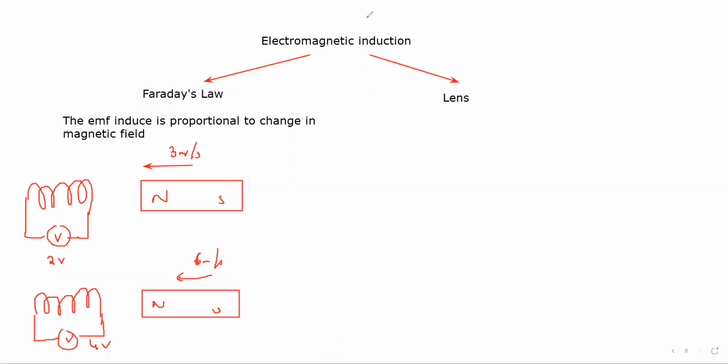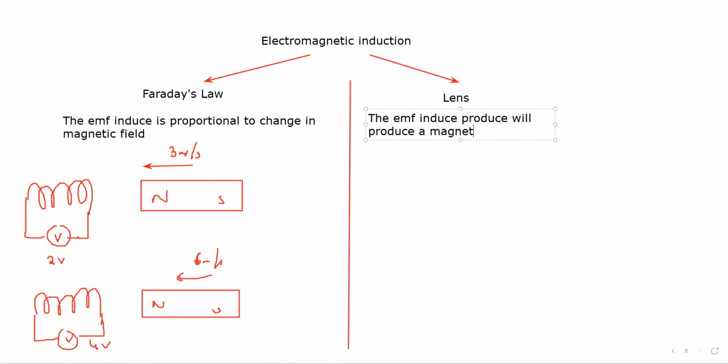And what is Lenz's law of electromagnetic induction? It states that the EMF induced, or the current produced, will produce a magnetic field as well, which always tries to oppose the change in magnetic field.